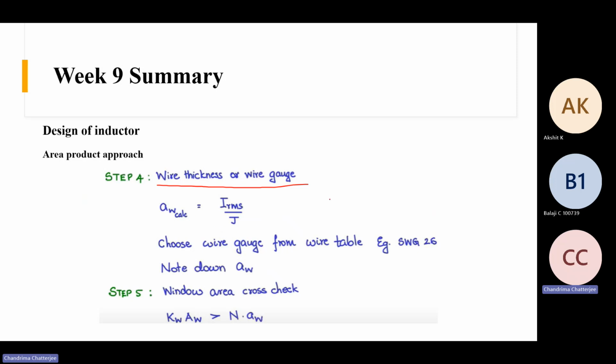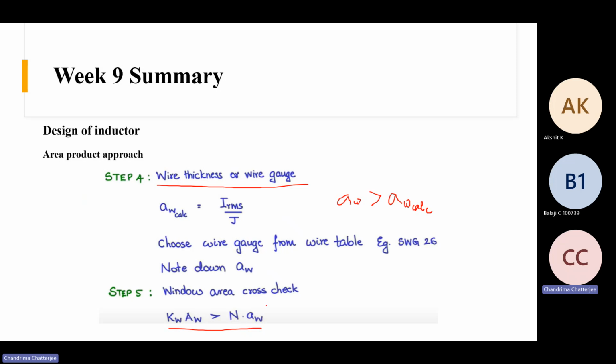which satisfies that AW should be greater than AW calculated. You will choose a wire whose cross section is greater than the calculated cross section. Fine. And then you will have to see whether it satisfies this criteria, that KW times AC is greater than N times AW.